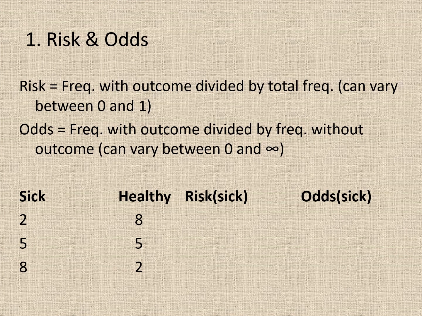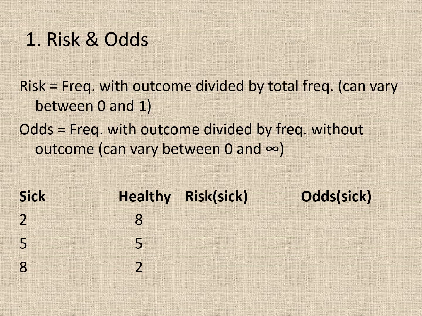Risk, same as probability, frequency of individuals with outcome divided by total frequency, can vary between 0 and 1. 0, nobody has outcome. 1, everybody has outcome. Odds, instead, is the frequency of individuals with outcome divided by those without outcome.